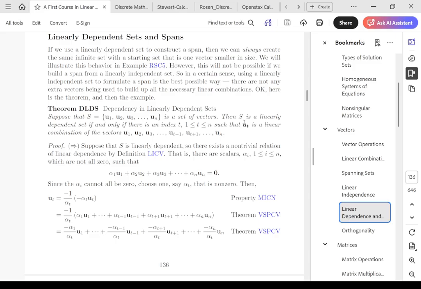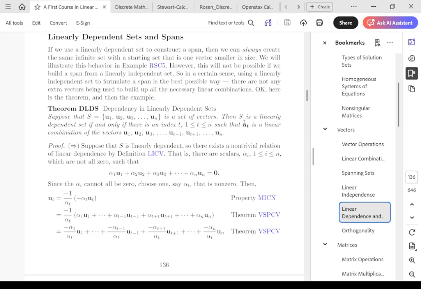Now a couple of things to decipher here. The first thing is we see the statement if and only if. That tells me we are dealing with an equivalence, which goes in both directions, so it's much stronger than an implication. If I tell you the set is linearly dependent, the other statement automatically follows: I can write one of the vectors as a linear combination of the remaining vectors.